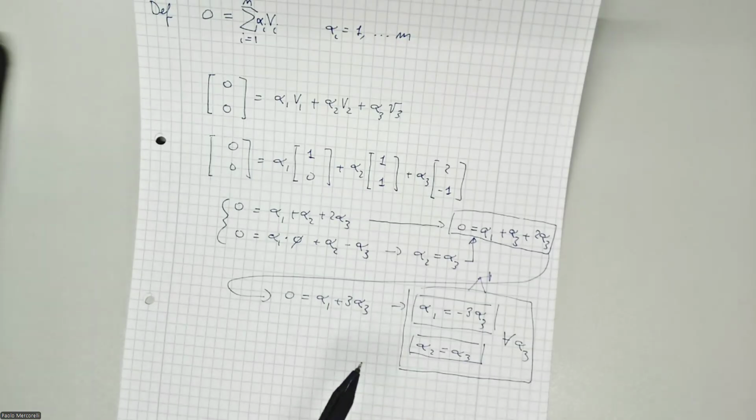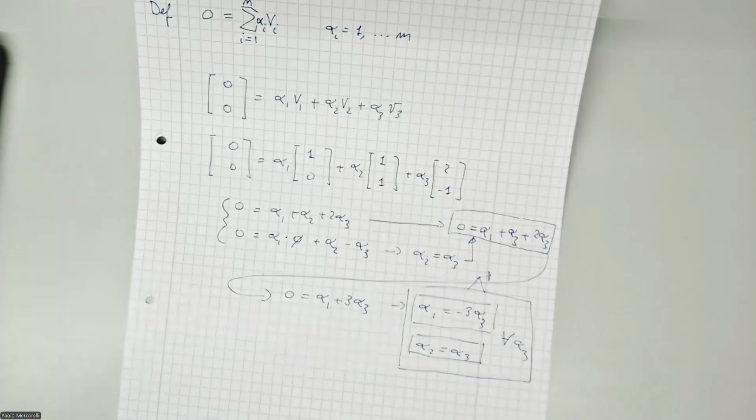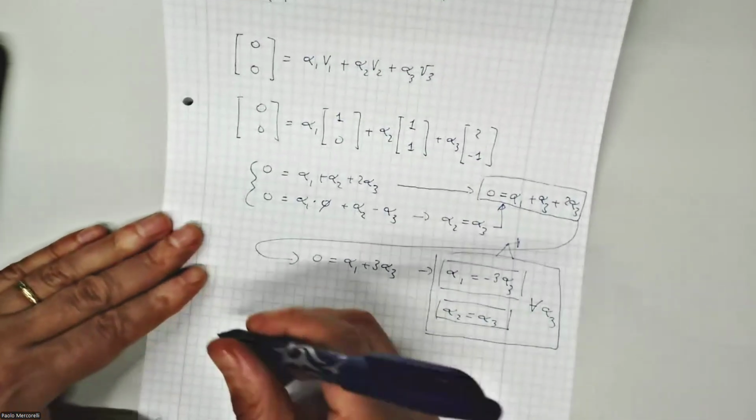What is the meaning here? The meaning is directly the conclusion that not necessarily alpha 1 equals 0, alpha 2 equals 0, alpha 3 equals 0, for us to have 0. For instance, here, we can see that it holds for each alpha 3, not only for alpha 3 equals 0. I write this conclusion.